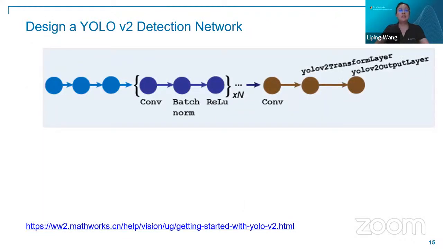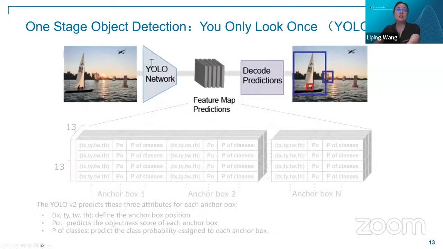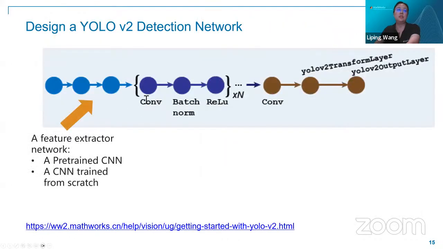Then the next step is to design a YOLOv2 detection network. Usually, the network consists of 2 parts. The YOLO network used here further consists of 2 parts. So the first part is a feature extractor network.